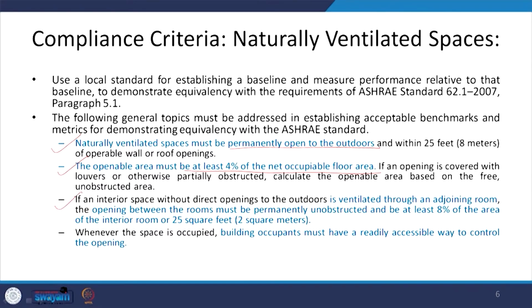And then we talk about the control which is given to building occupants in order to control their immediate environment by allowing them to control the opening or to change the temperature, humidity and all these things. Now, in the case of a naturally ventilated building, it will only be the access to control the opening.